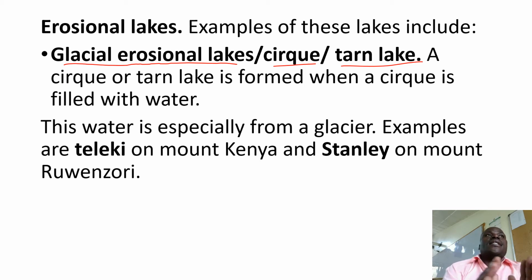A cirque is a depression on the side of a glacial mountain formed as a result of glacial erosion. When this depression is filled with water, it forms a cirque lake. We have examples like Teleki on Mount Kenya and Stanley on Mount Ruwenzori.